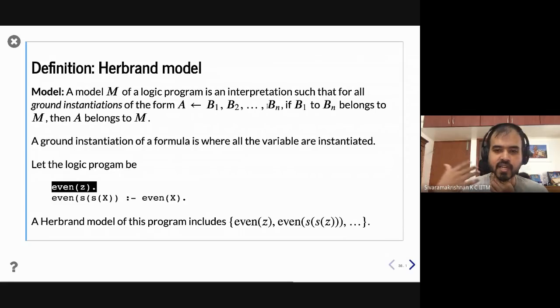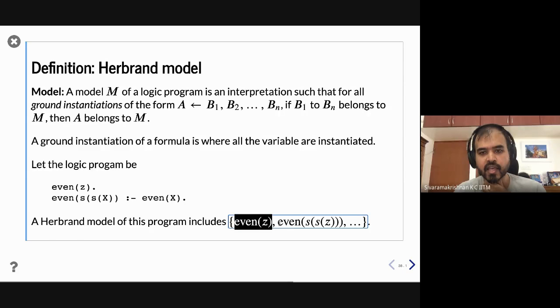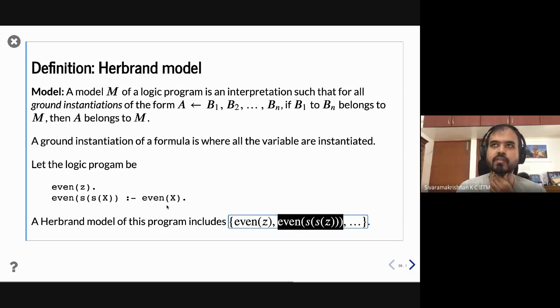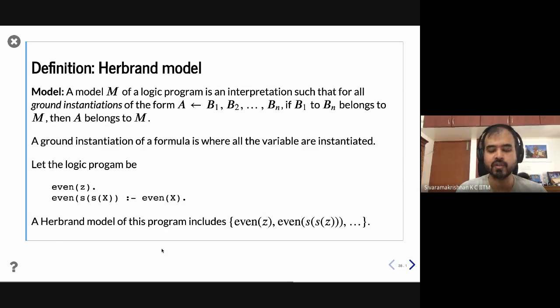So even of z belongs to the model. If even of z belongs to the model, then even of s of s of z belongs to the model. So the Herbrand model of this program includes even of z, even of s of s of z, and so on. So that is telling you how to construct all the things that hold true for a logic program.